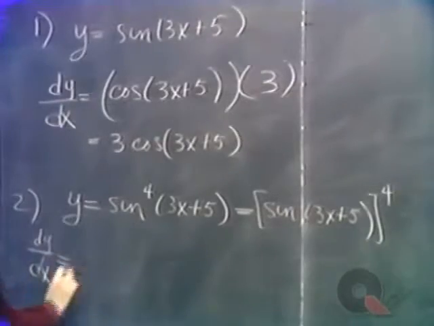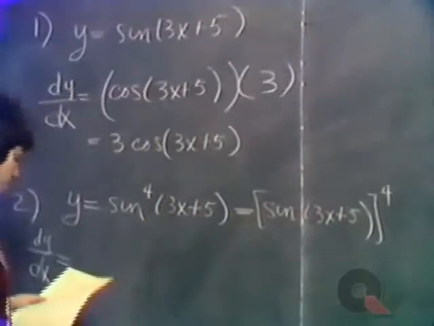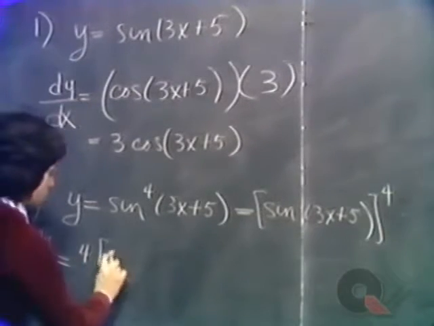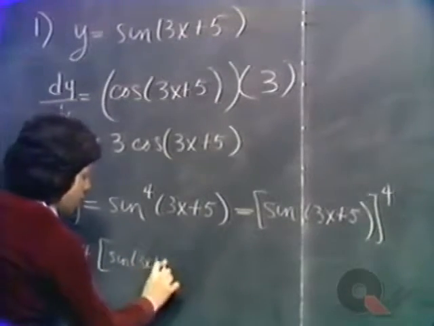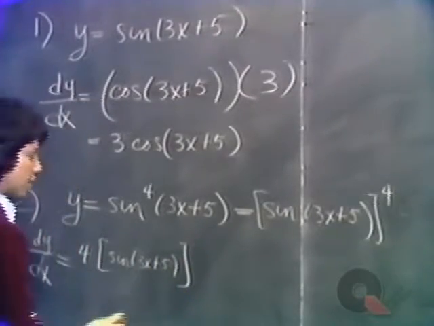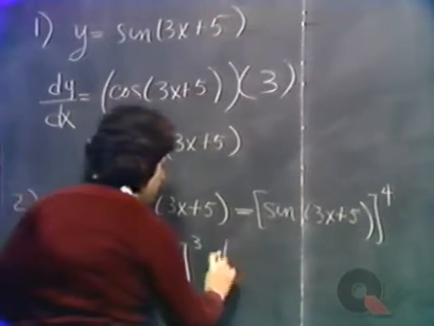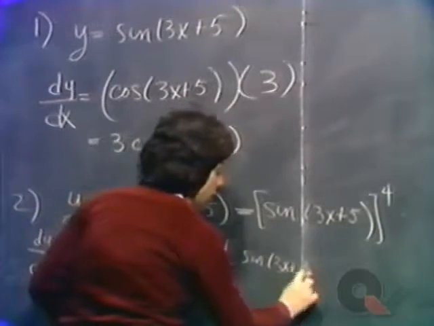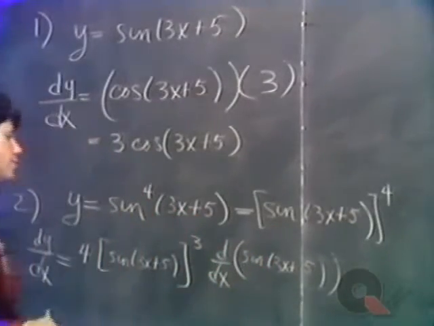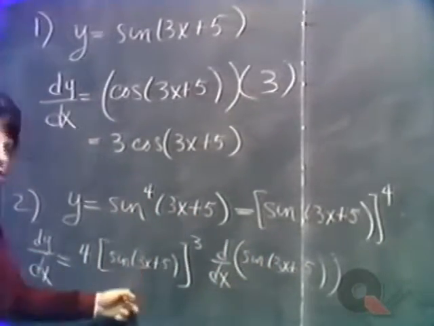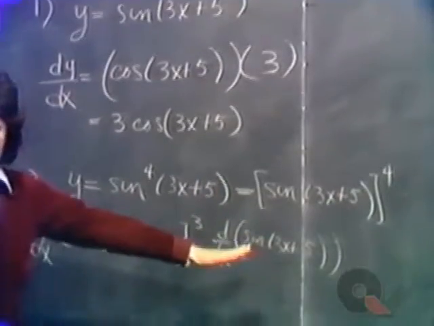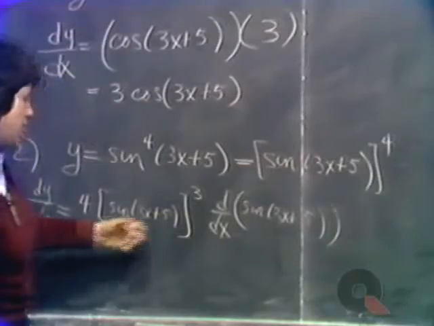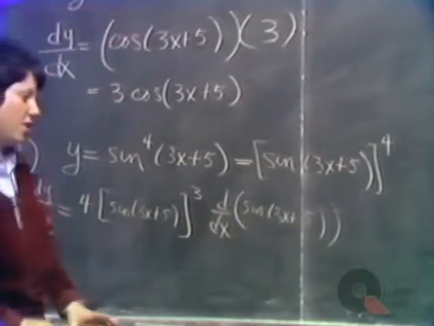You differentiate it by saying: the power, 4, times the function, sine of 3x plus 5, to one less power, which is 3, times the derivative of the sine of 3x plus 5. Power, function, one less power, derivative of the inside. But the inside itself needs a formula. It's the sine of a function, which is the one we just did.